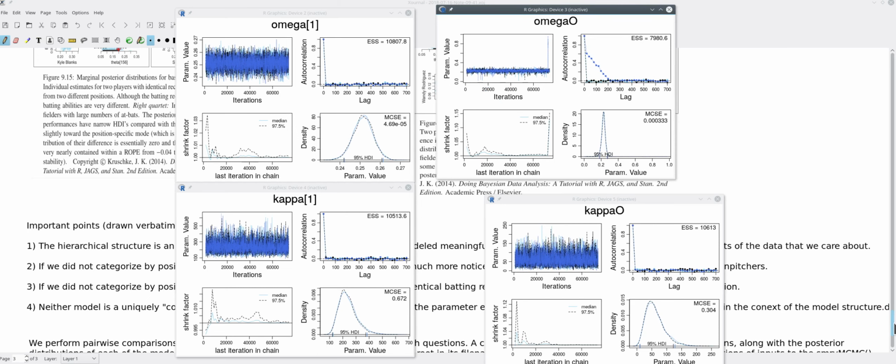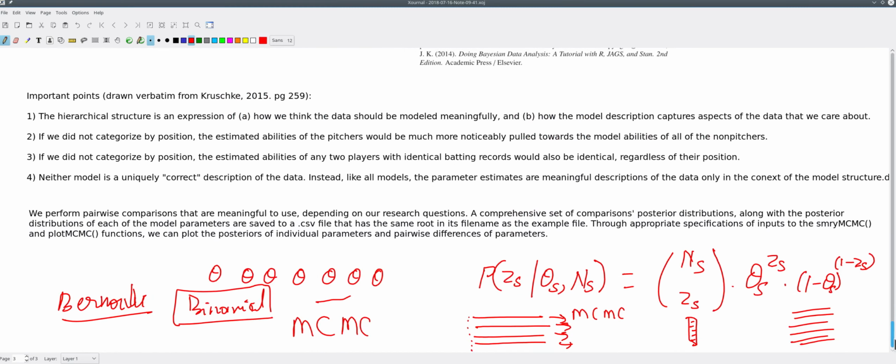Okay, let me round this off by looking at the last thing over here. Just to reiterate, we perform pairwise comparisons that are meaningful to use depending on our research questions. So a comprehensive set of comparisons of the posterior probability distributions along with the posterior distributions are saved to a CSV file. So for instance, the figures that we produced are not all, but some of them.